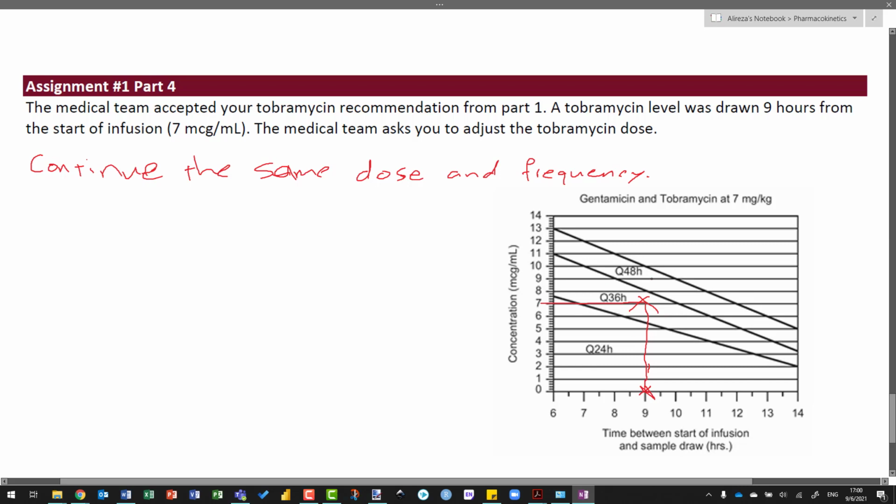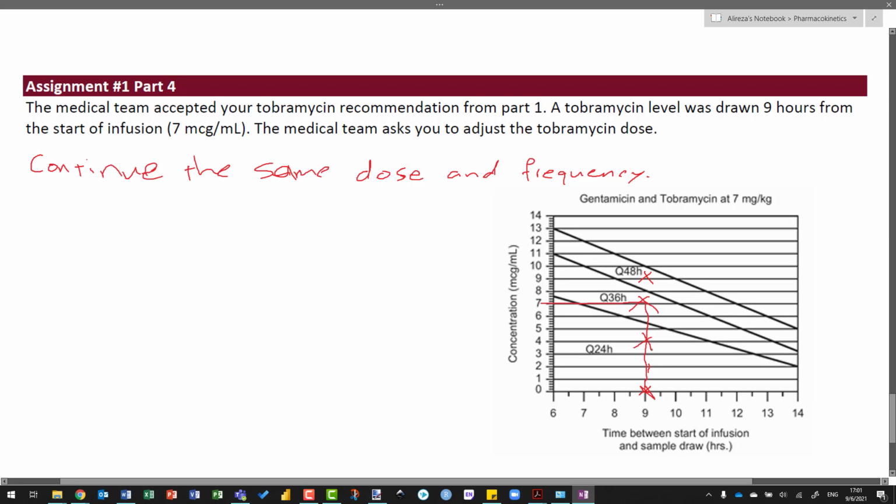Now if this happened to be lower or higher, then you would basically have to adjust. If it's higher, that means the body is not clearing it. So if it was 9 instead of 7, you basically keep the dose the same and extend the frequency to every 48 hours.